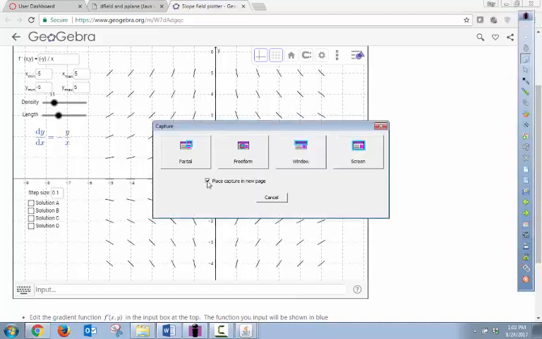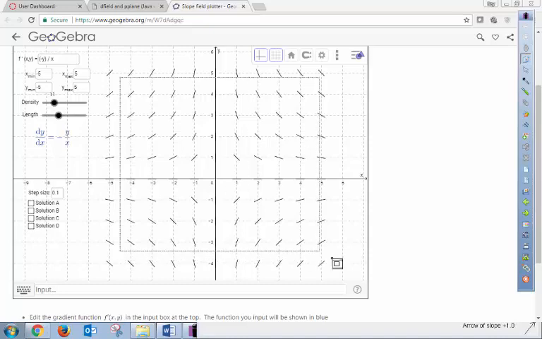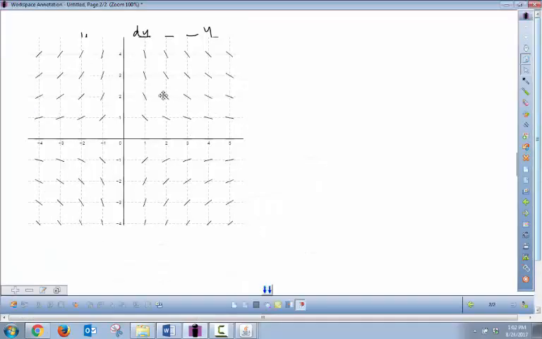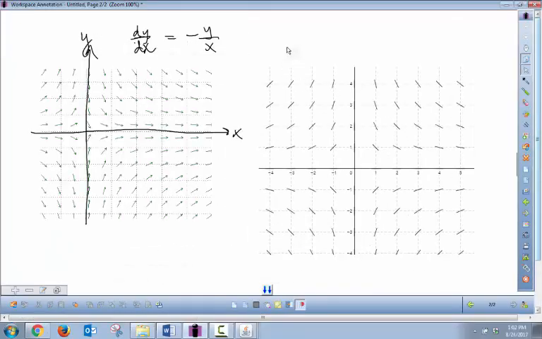Any questions about slope fields? What are you doing with slope fields? Use them to get some idea of how the curves, how the solutions would look. Now, remember, these are all families of curves.